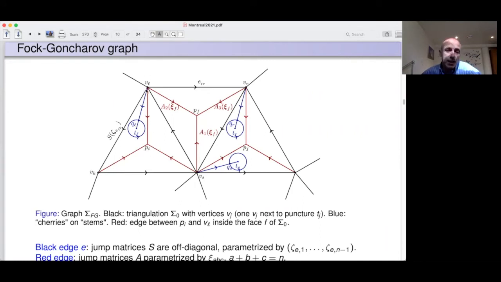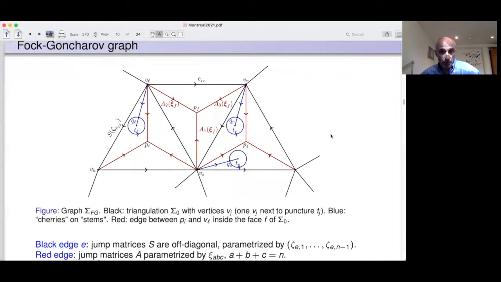On top of that, one adds these blue objects, which we call cherries. And inside there are these one-valent vertices, which are exactly those T's, the punctures. The punctures are in one-to-one correspondence to the vertices of the triangulation. They are next to them, but they don't coincide with them. So that's the main graph.